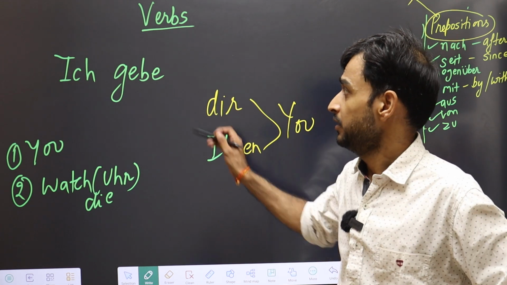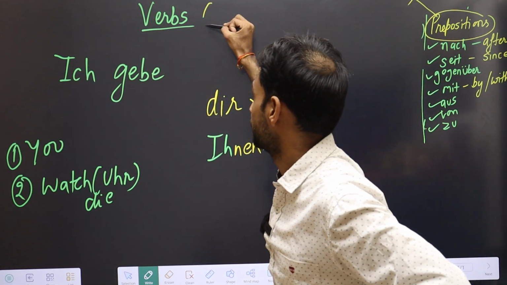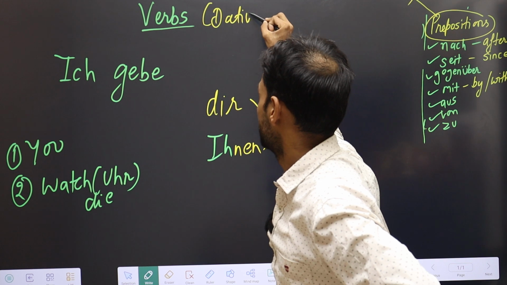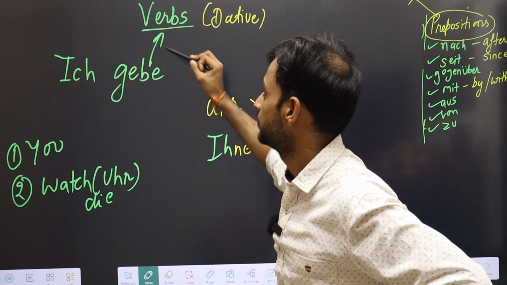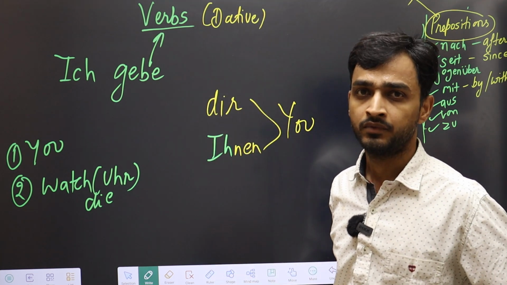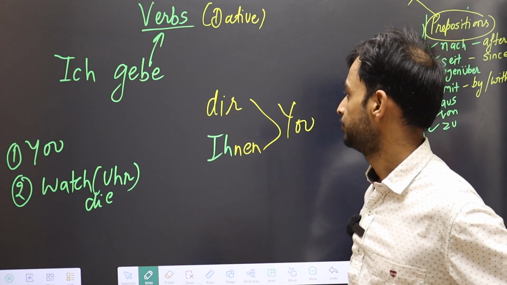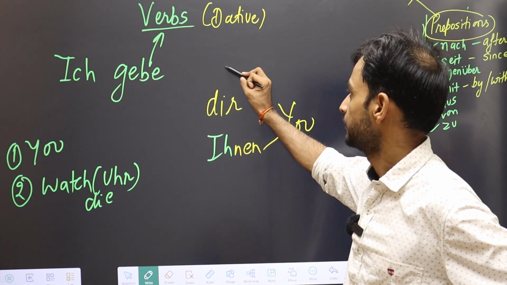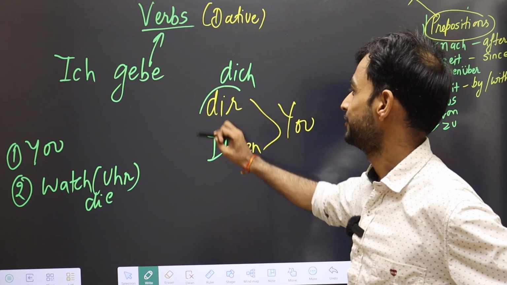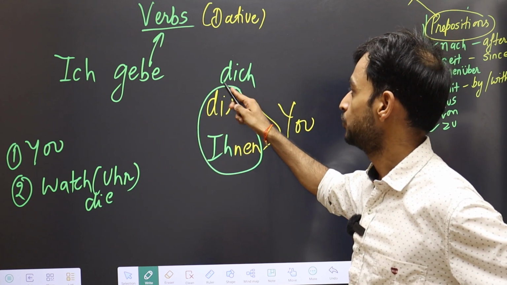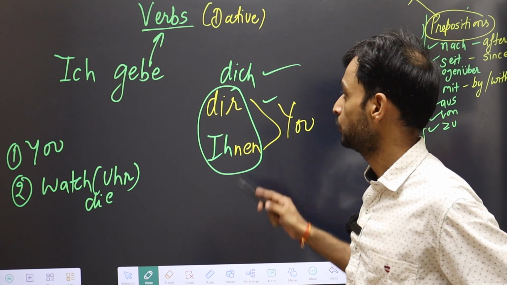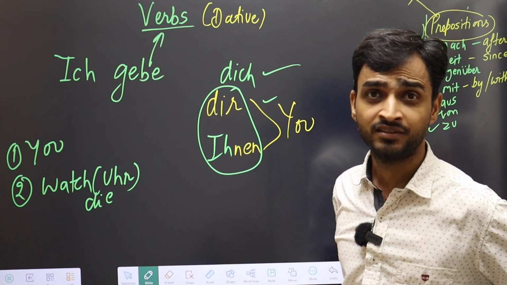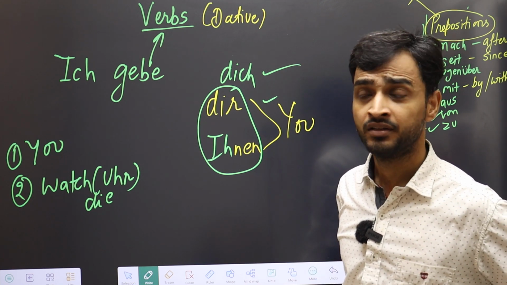Now, geben belongs to the dative concept. We are doing dative verbs. So, between these, dir and Ihnen are dative, these are two categories. What should I write? Dich or dir?